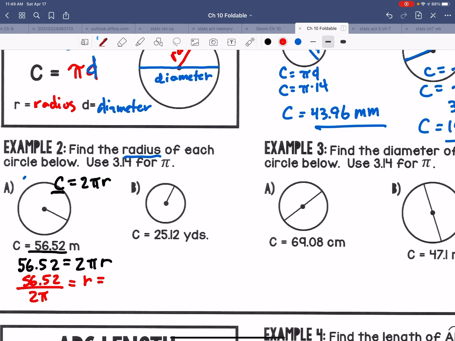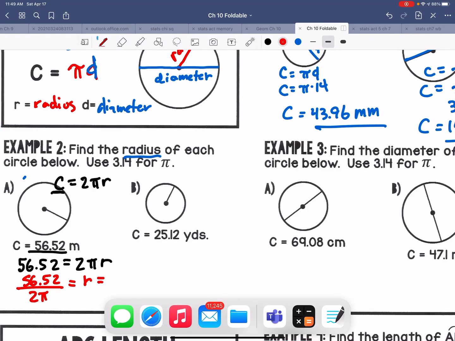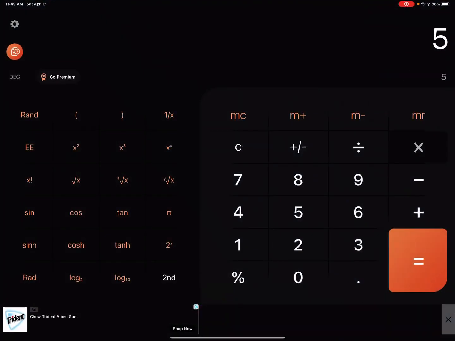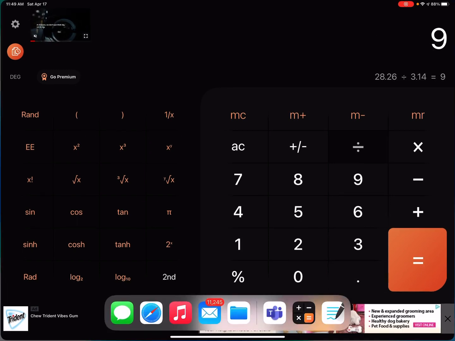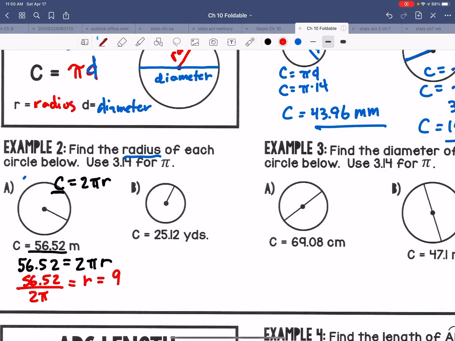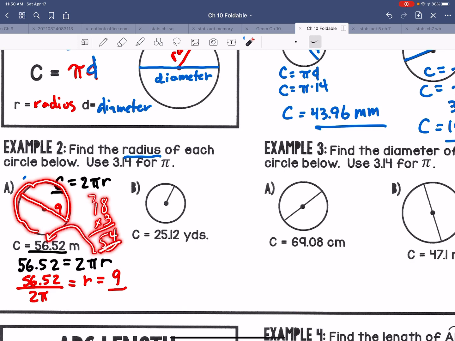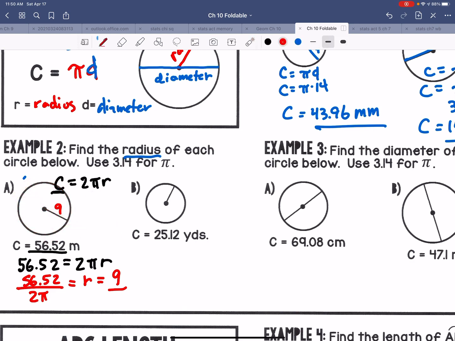So 56.52, divide by 2 equals, divide by 3.14 equals, and I get 9. So my radius is 9, and that makes sense. If this is 9, all the way across is 18, and 18 times 3 is 54. Notice this number is a little bit bigger than 54.